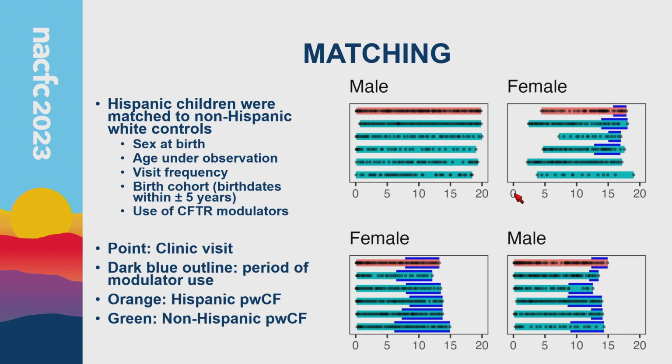So just to orient you here, the x-axis is ages in years. Orange is Hispanic, green is non-Hispanic white. The dots are clinic visits, and then these horizontal blue lines are years on modulator therapy. So we tried to match to our very best, 5-to-1.